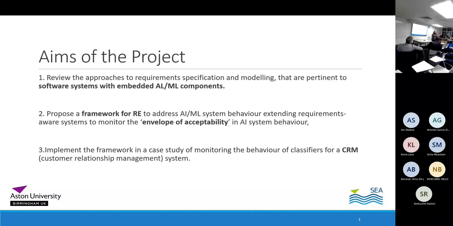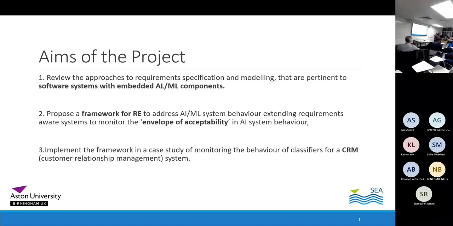So it is important to keep them working in the envelope of their acceptability. That's why we wanted to propose a framework for requirements engineering to address AI or ML system behavior by extending requirements aware systems, to monitor the envelope of acceptability in AI system behavior.